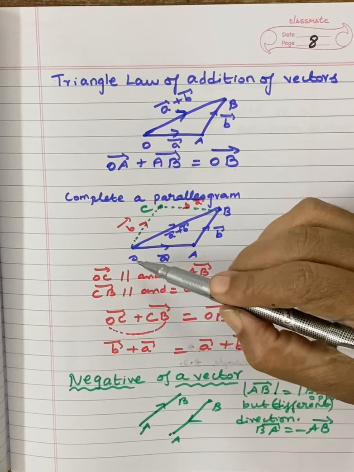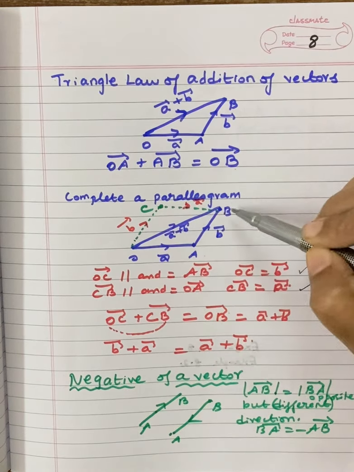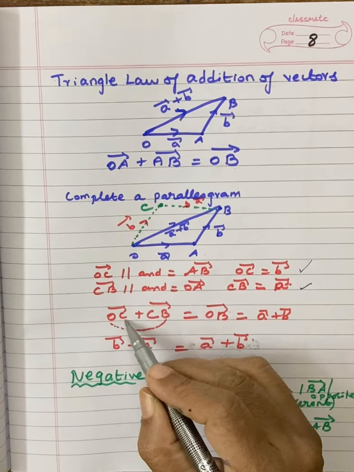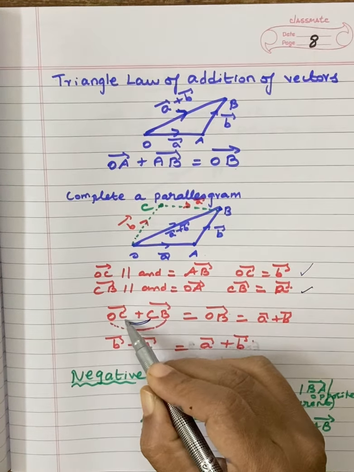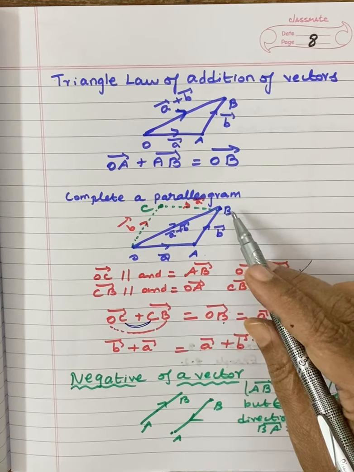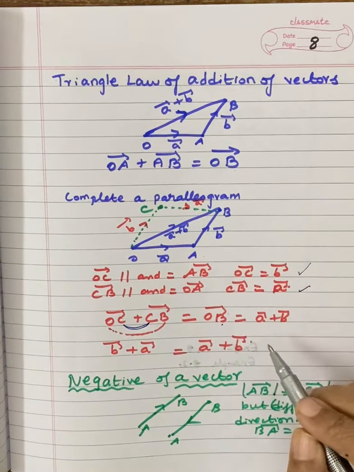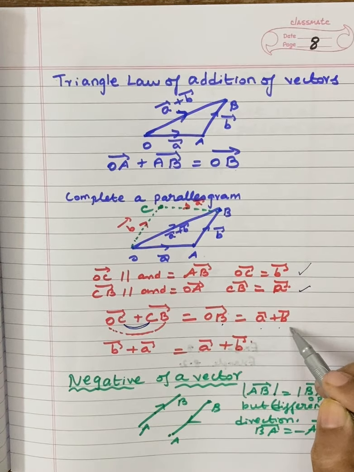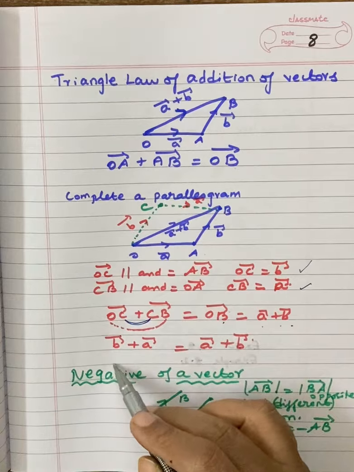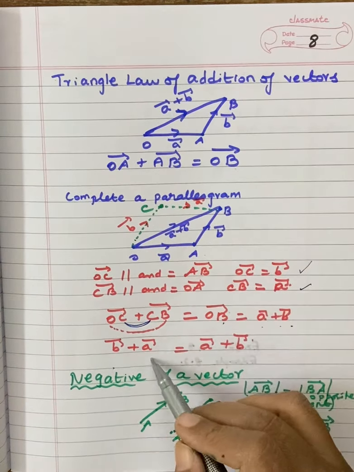Now OC plus CB. Can we add? Yes, we can add because these two are same. What is the answer? OB vector. What is OB vector? Already I know by triangular law of addition it is the A vector plus B vector. But OC vector is nothing but B vector. CB vector is nothing but A vector.